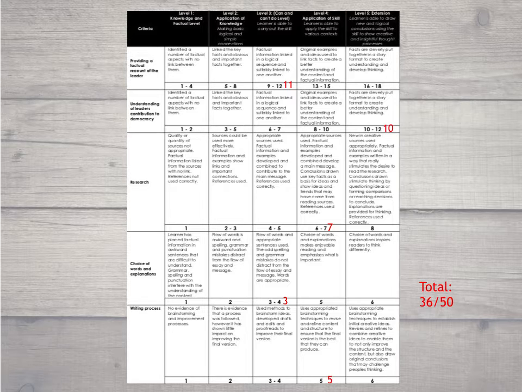Now, the beauty of developing a rubric that is so comprehensive, if you have a look at those criterion, a lot of projects that you give the learners will consist of research, choice of words and explanation, and writing process. So you can use those criterion and descriptors over and over again. You do not have to reinvent the wheel every single time you set up a rubric.